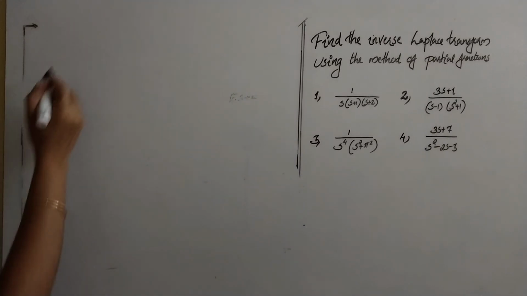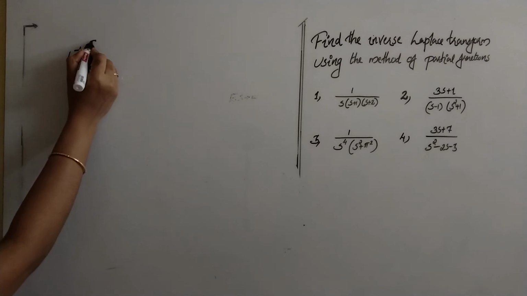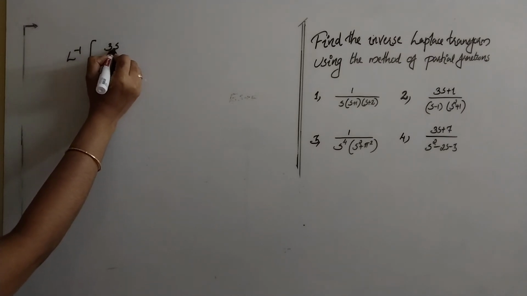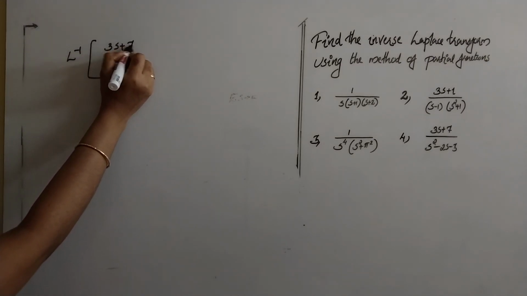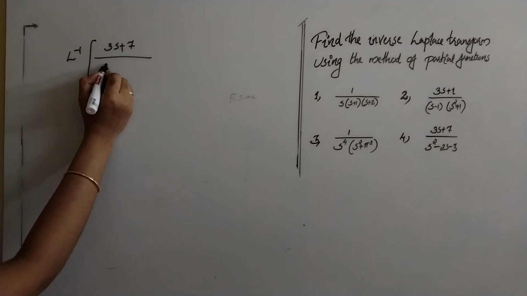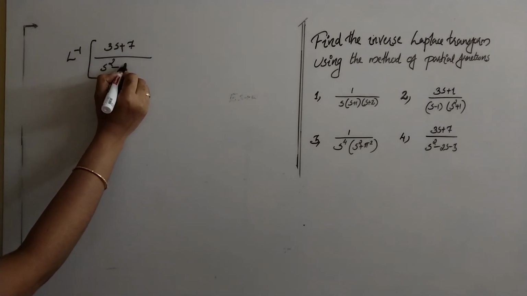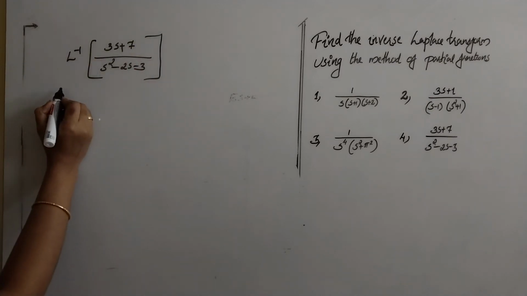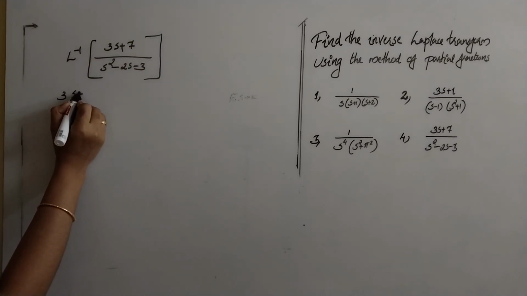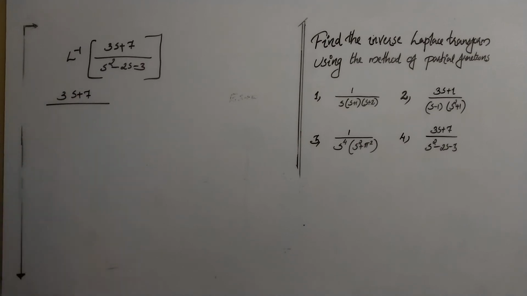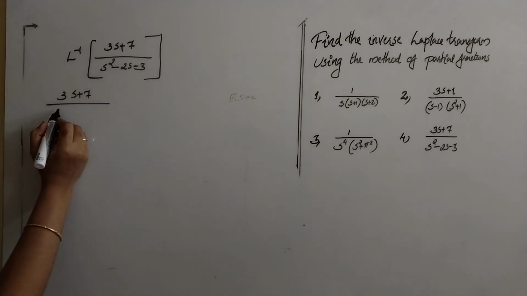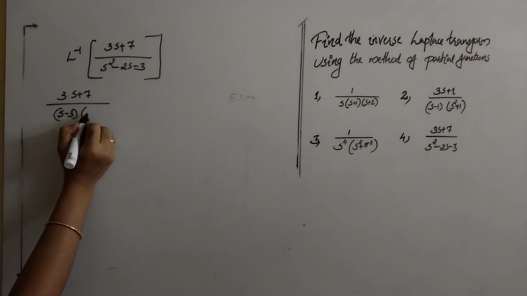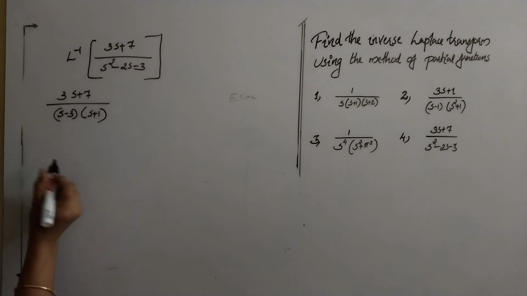Inverse Laplace transform of 3s plus 7 divided by s square minus 2s minus 3. Here 3s plus 7 divided by s square minus 2s minus 3 can be written with the denominator s minus 3 into s plus 1.